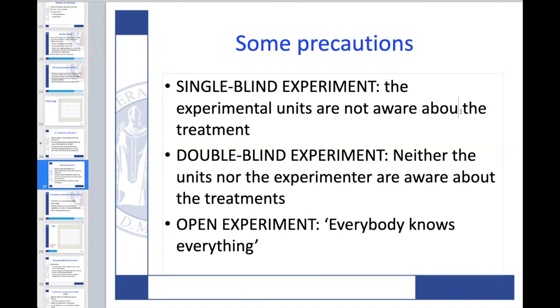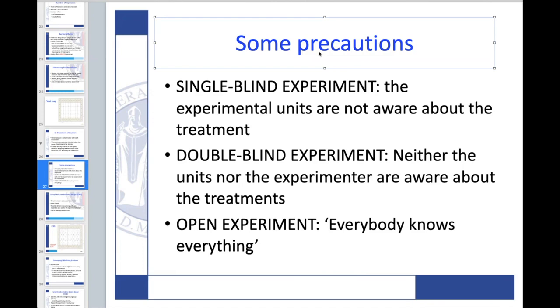This is not really agriculture, but in some cases, we need to allocate treatments in a sort of, let's say, secret manner. I mean, we can make so-called single-blind experiments. With single-blind experiments, the experimental units are not aware about the treatments. This is very common, for example, with medicine.